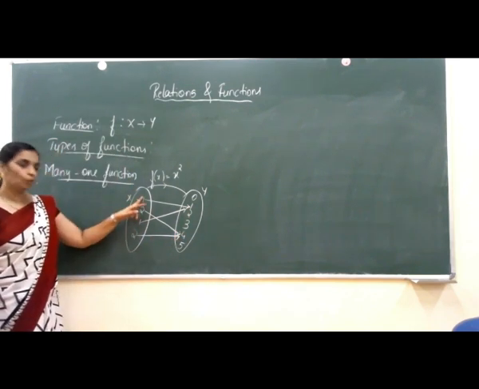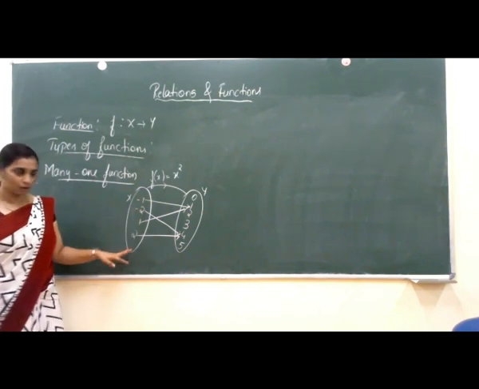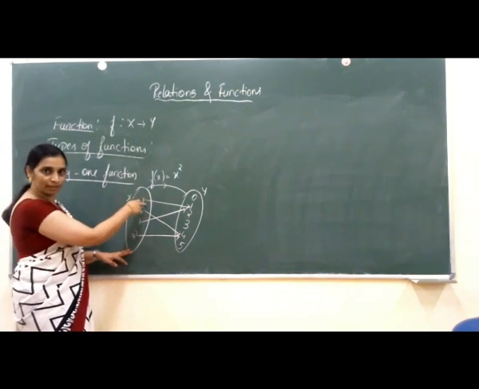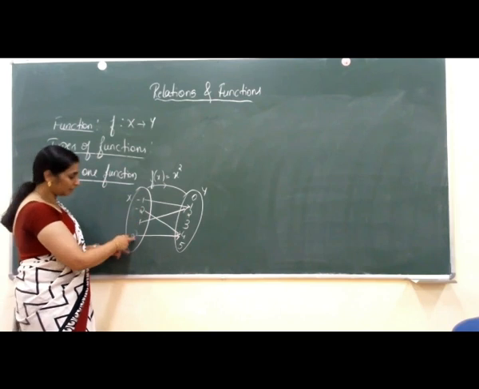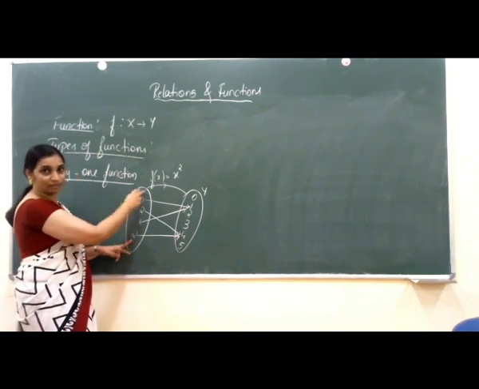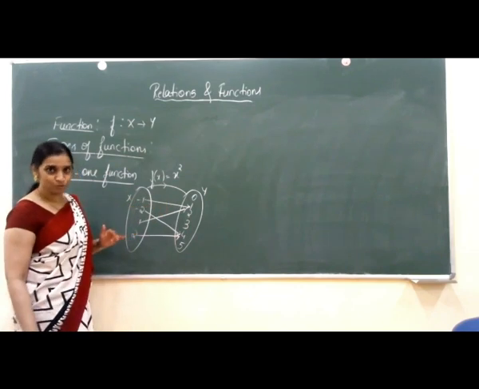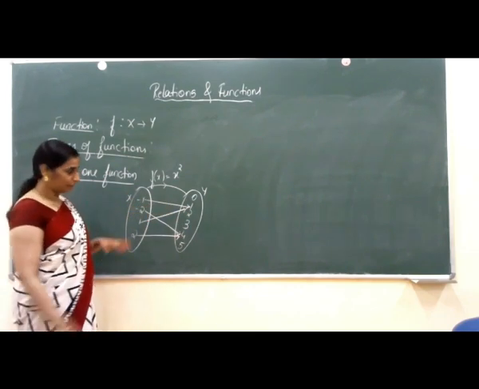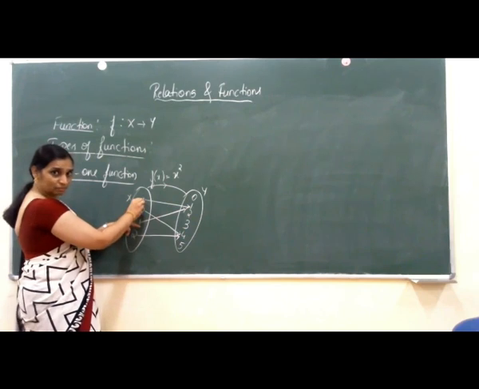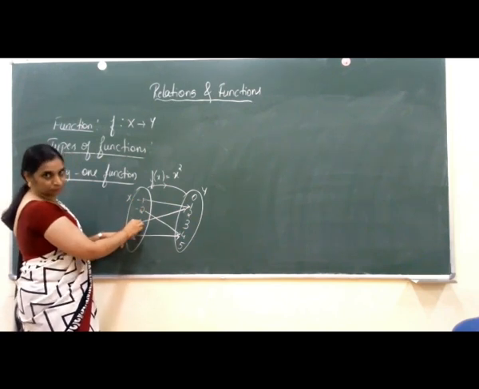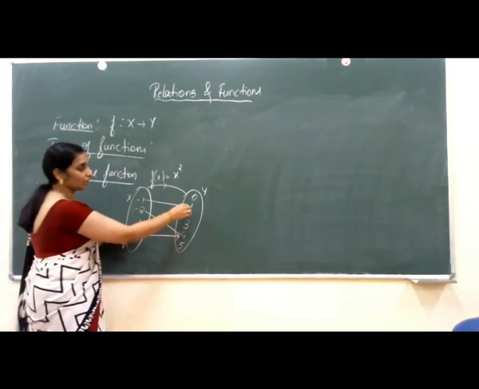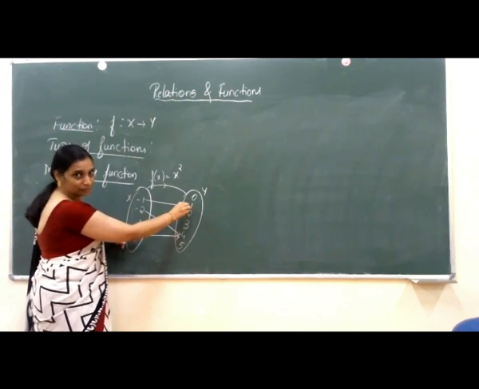Here, no doubt it is a function because every element in domain has an image. But what happens when we look at the images, in what way the elements are related to the elements in codomain? The elements -1 and 1, both the elements are having the same image.